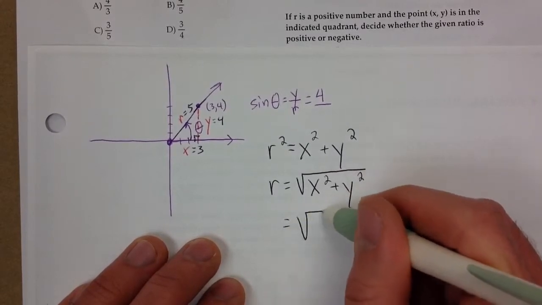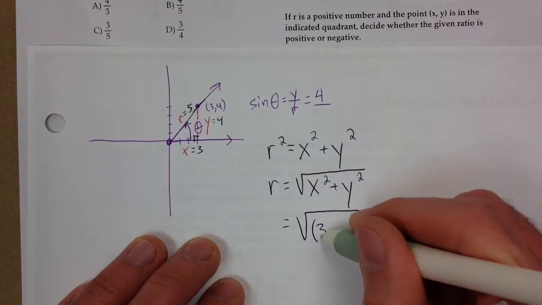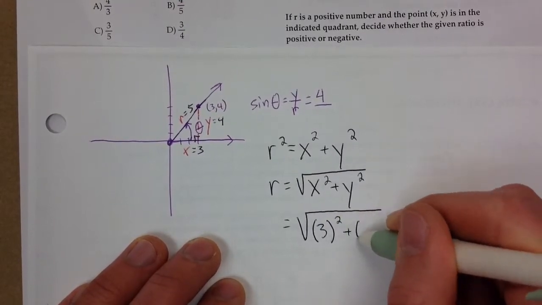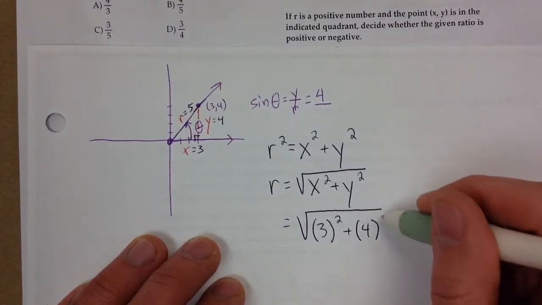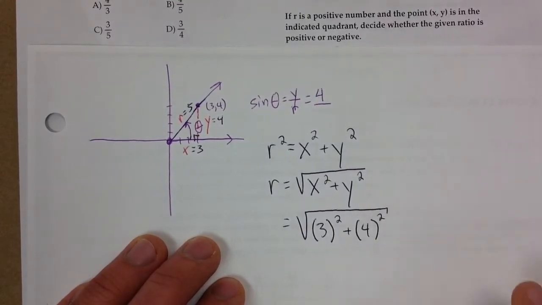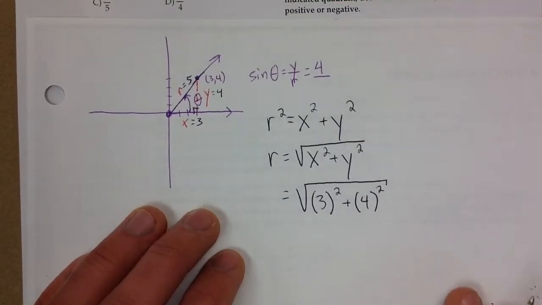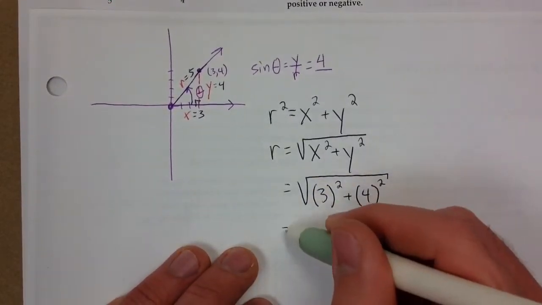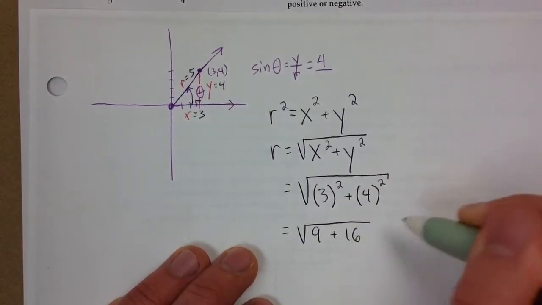Okay, so your x is your x-coordinate. It's 3. Your y is your y-coordinate. It's 4. I recommend subbing in with parentheses. Remember, r is always positive, so if you get a negative, or a negative underneath the square root, something's not right. Okay, so this is the square root of 9 and 16.